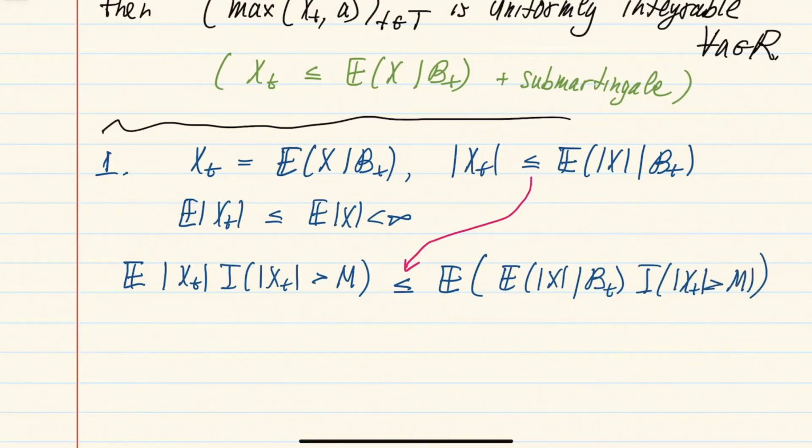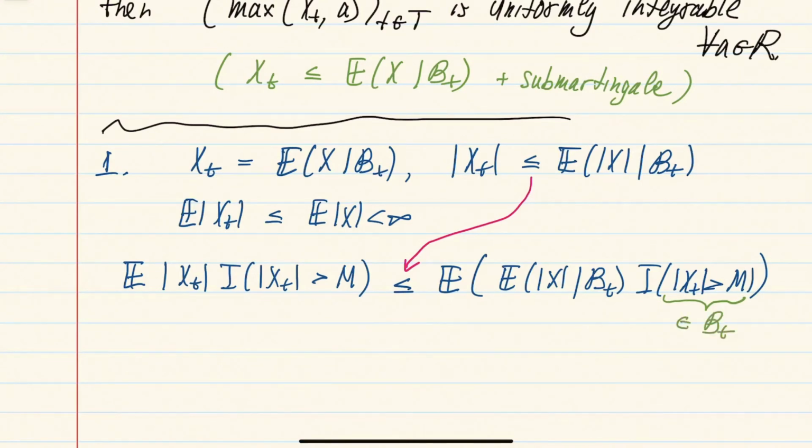Now we'll notice that X_t is measurable with respect to B_t by definition of the martingale. So this set, the absolute value of X_t greater than M, is of course in the sigma algebra B_t.